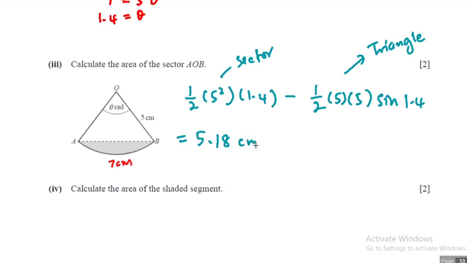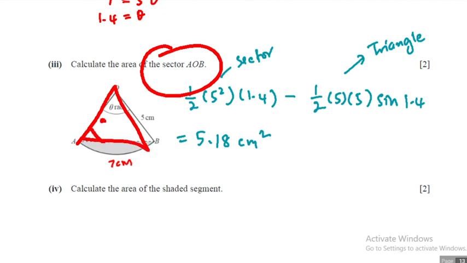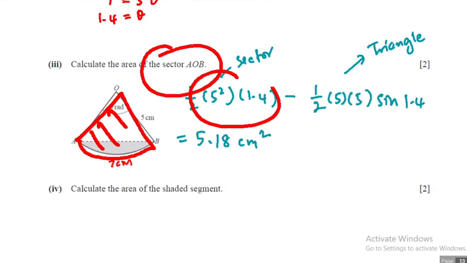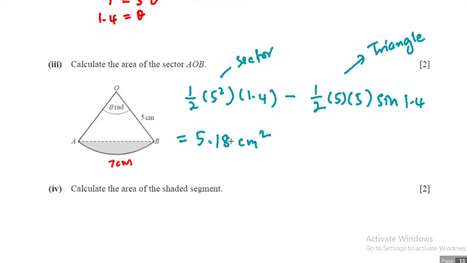Oh my god, they just asked us to find the area of sector. Area of sector AOB only, so sorry, I just need the area of the sector, which is just this part here. Then this part here is the area of the shaded segment. My bad. Actually this is for question number 4.